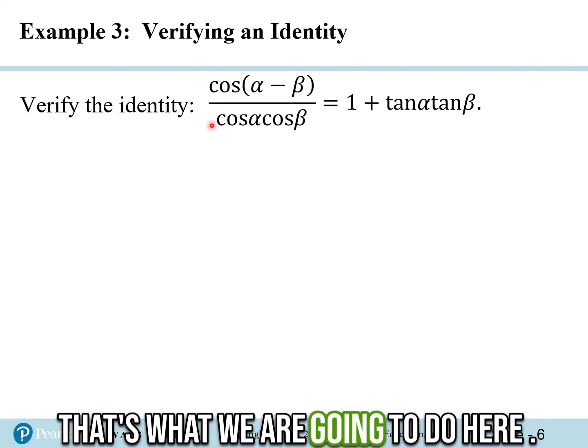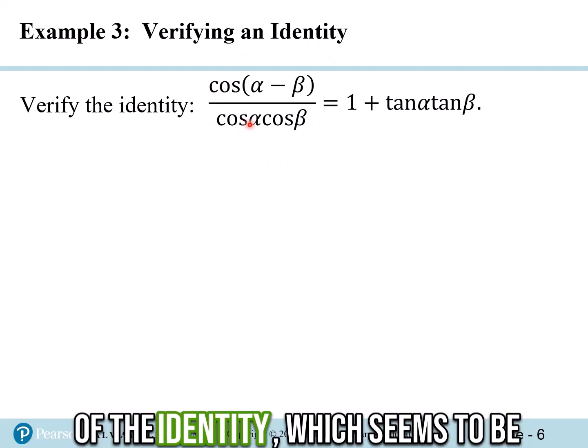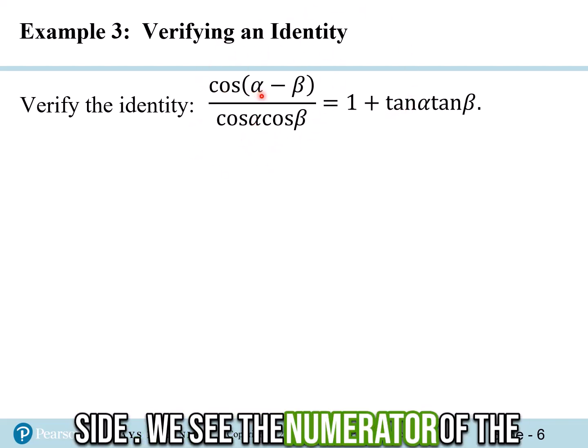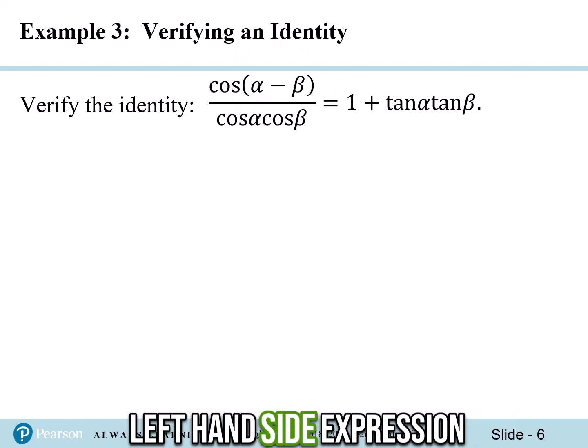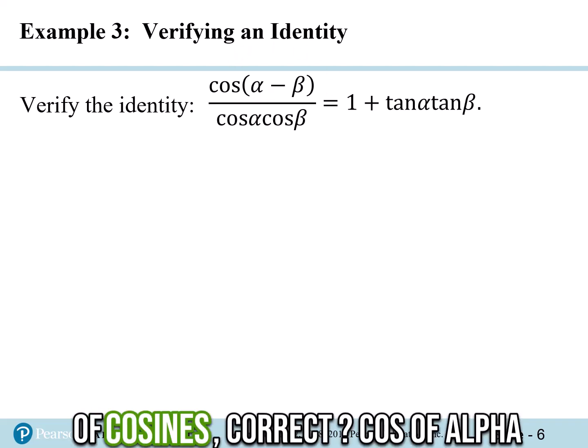And that's what we are going to do here. We'll work with the left-hand side of the identity, which seems to be more complex than the right-hand side. We see the numerator of the left-hand side expression is a difference formula of cosines, correct?